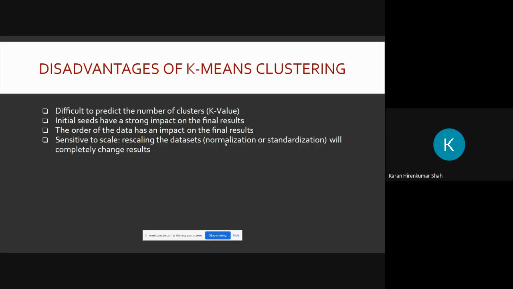So based on the seeds we decide on in the beginning, our final result will be generated. Third, the order of the data has an impact on the final result. And fourth, it is sensitive to scale, because rescaling may impact the final result or the outcome.